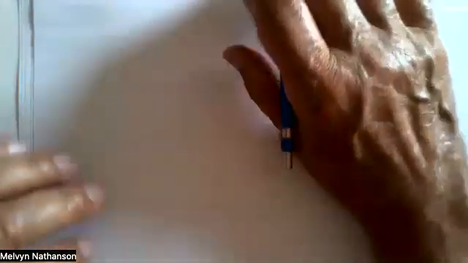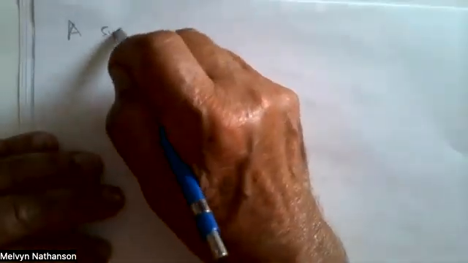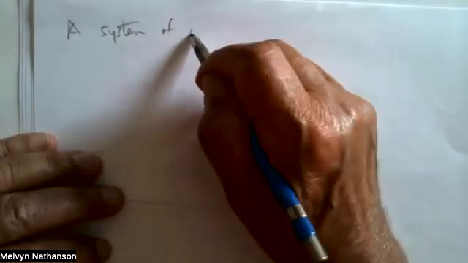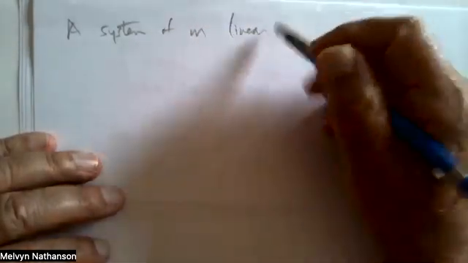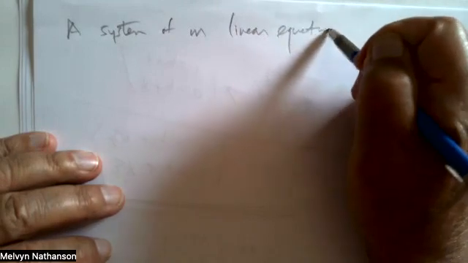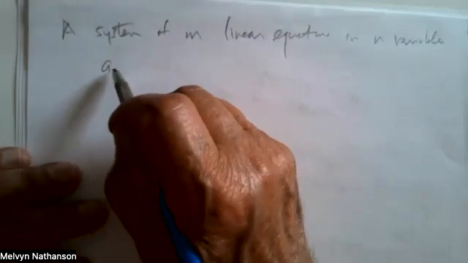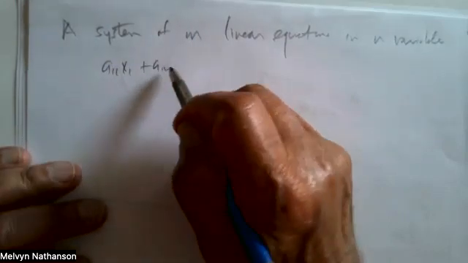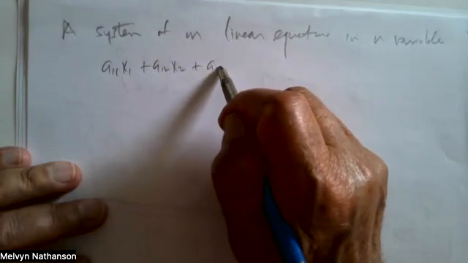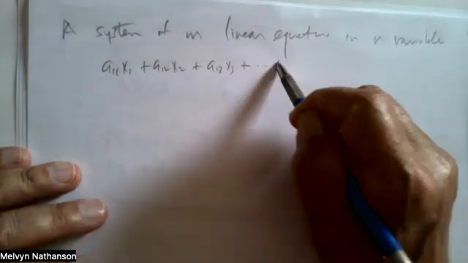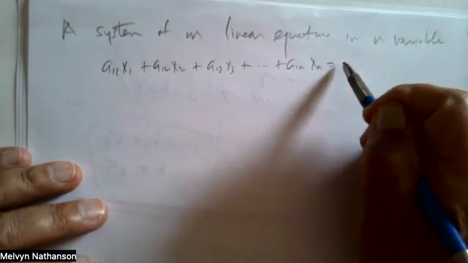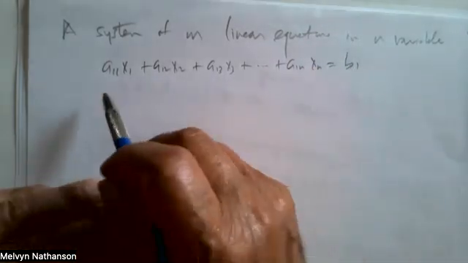So now we're going to consider systems of equations. A system of, let's say, m linear equations in n variables looks like this. You might have a11 x1 plus a12 x2 plus a13 x3, up to a1n xn equals b1. That's the first equation.